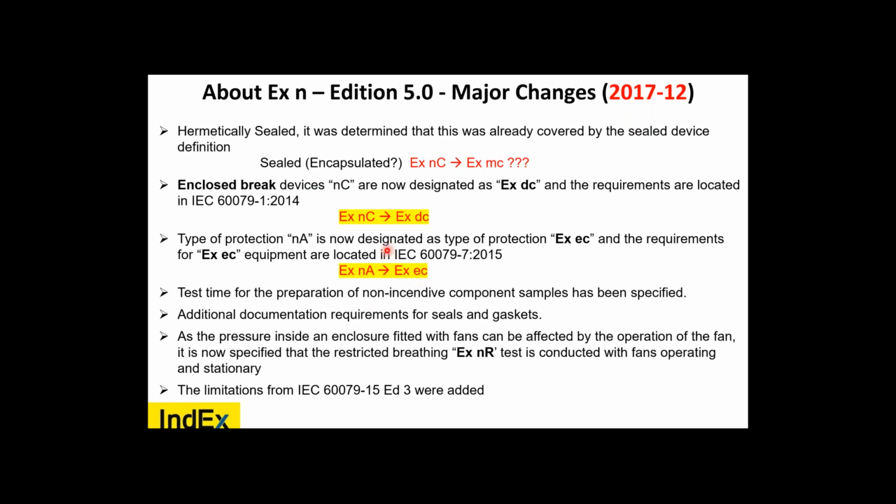It's the construction of it that you need to pay attention to. NA, remember, was terminals, no arcing, no sparking, exactly the same as EXE. Enclosed break, it's like a bomb-proof safe, flame-proof, okay? Enclosed explosion, keeps it enclosed, EXD. EXNC, encapsulation, well, the word encapsulation is in there, so it became M.